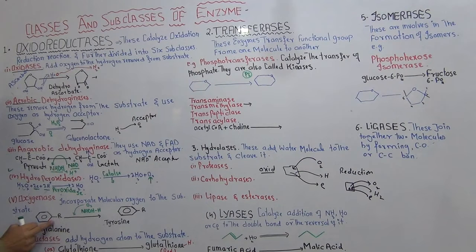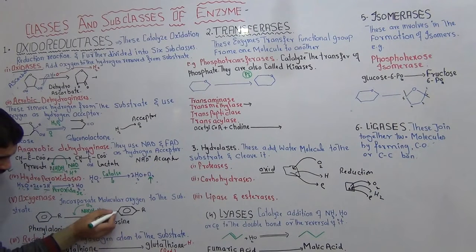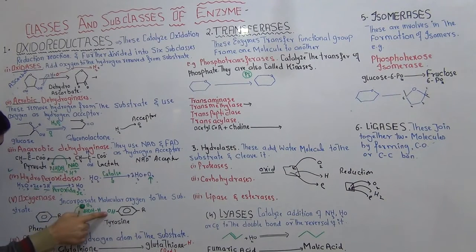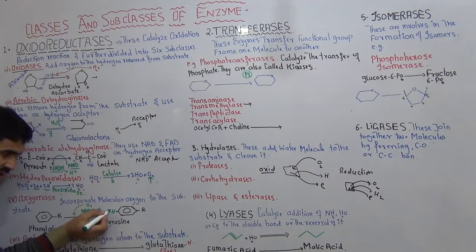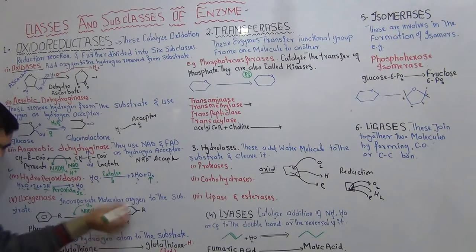In phenylalanine, you can see there is no OH, but once oxygen is added, it becomes tyrosine, which means you will find oxygen in the form of OH.